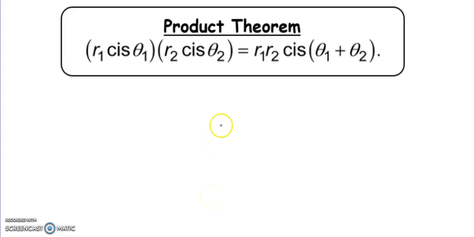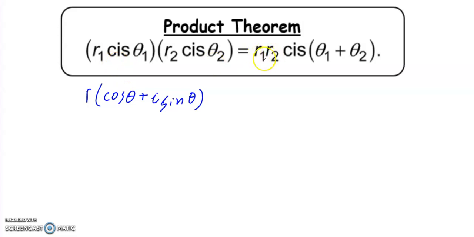Alrighty, what we're going to do now is multiply two vectors together that are written in trig form. So if I give you two vectors written in the form r cosine theta plus i sine theta, remember those can be rewritten as r cis theta.